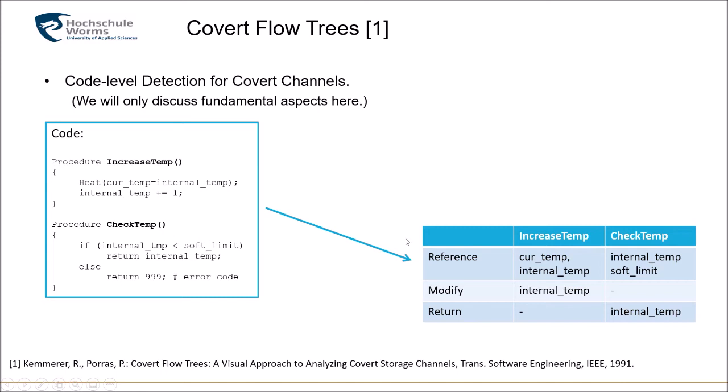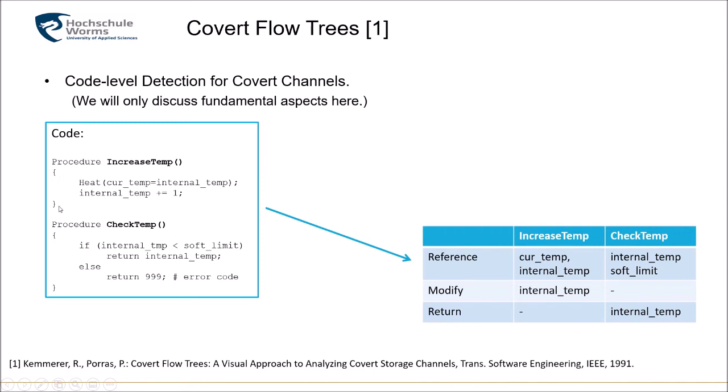So what we do is we again create some kind of a matrix with the operations or procedures here, increase temperature and check temperature, and we write down which attributes are referenced, modified, and returned. For instance, the increase temperature procedure references current temperature and internal temperature. It modifies internal temperature.